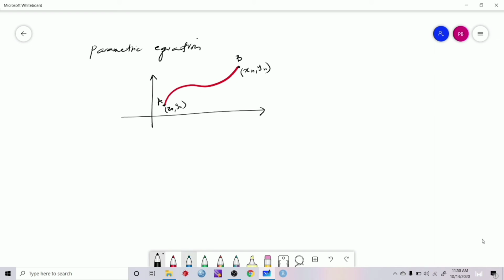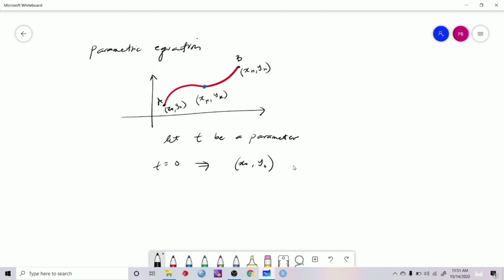Now, let's have this point be (xk, yk). To get to this point from A, there's such a time t, so we let t be a parameter wherein at t equal to 0 we have the point (x naught, y naught).